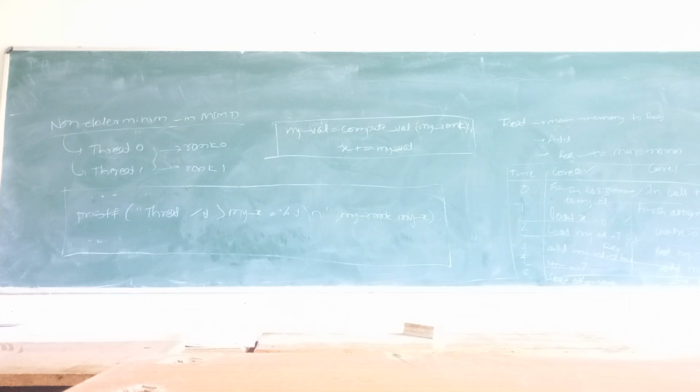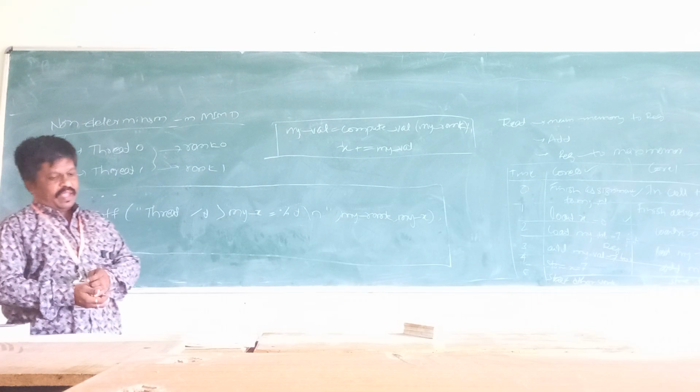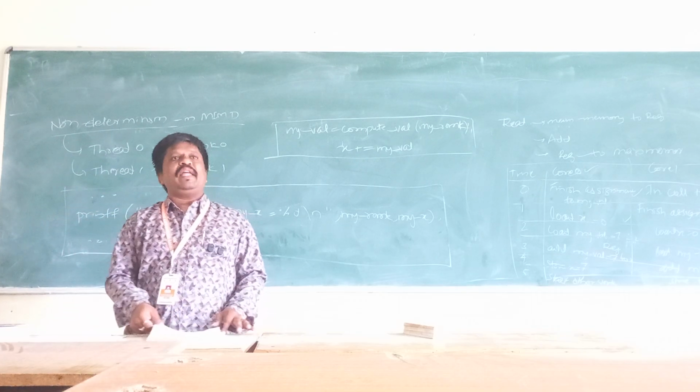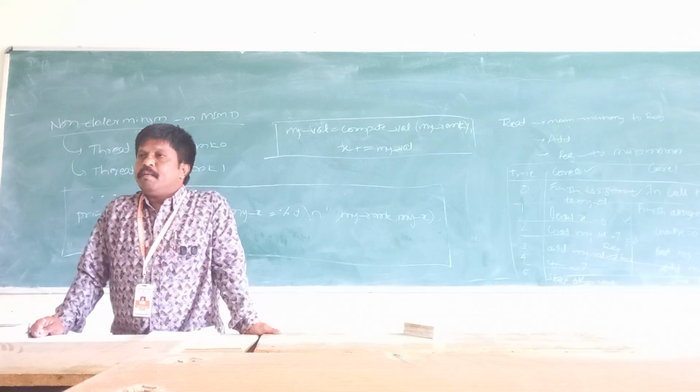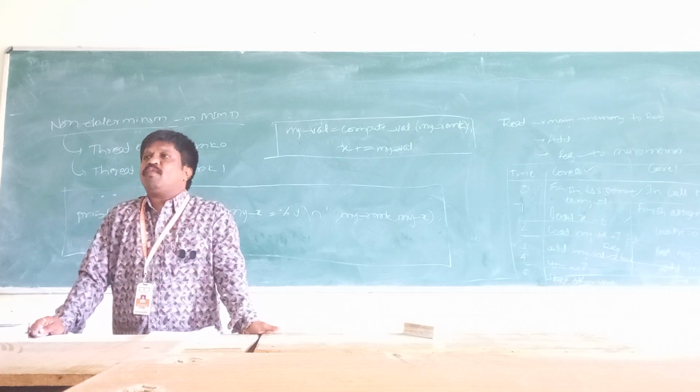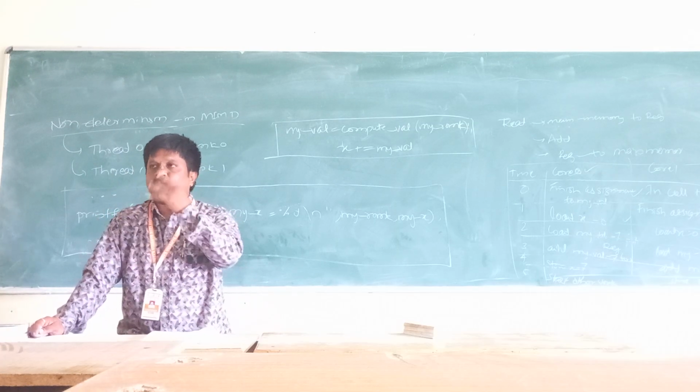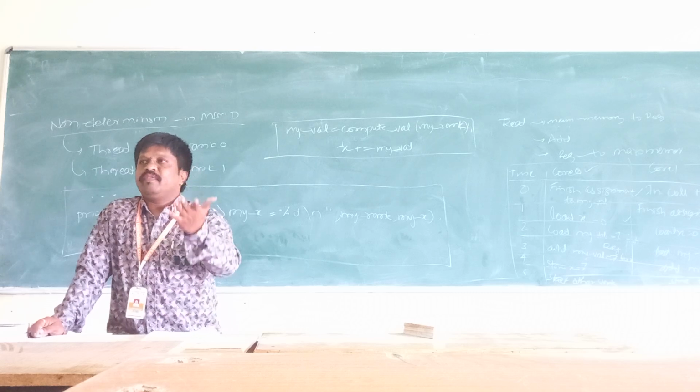Thread 1 has to be executed only when thread 0 is executed. That's nothing but the race between thread 0 and thread 1 happening over here. This condition we call the race condition. Thread 1 has to wait until the execution of thread 0.